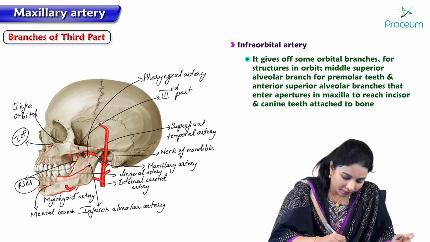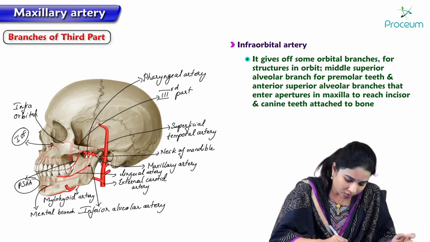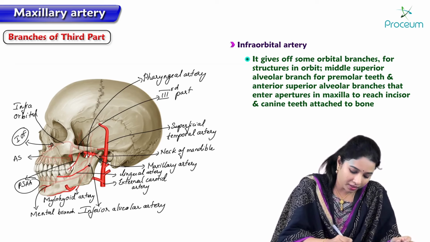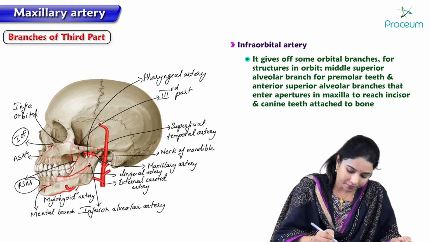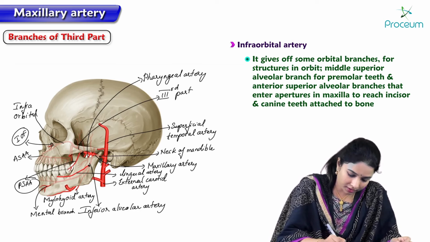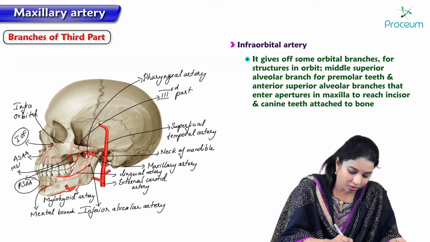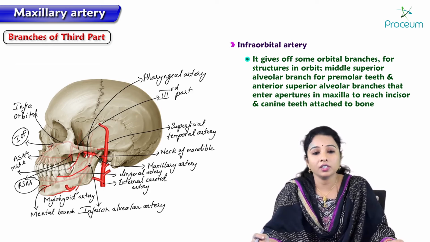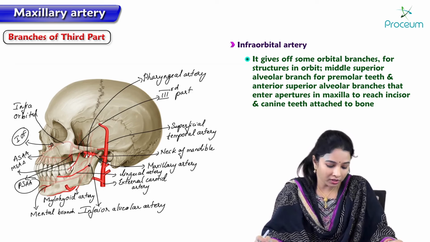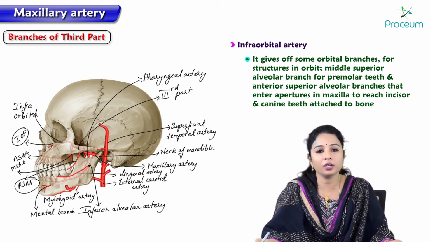So, this is anterior superior alveolar artery, and here is the middle superior alveolar artery.